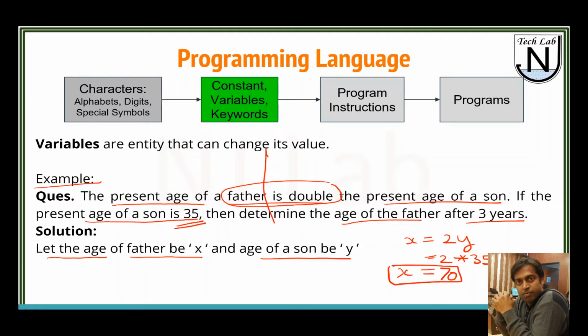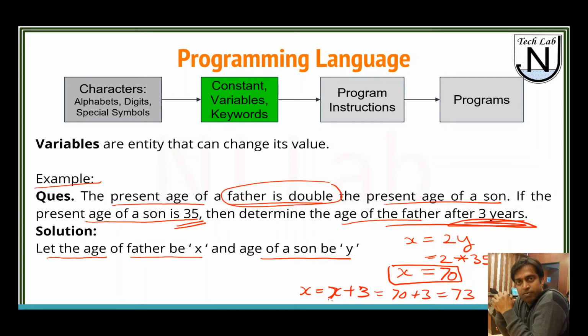Now, as per the question, we need to determine the age of the father after 3 years, right? So after 3 years, to get the age, we will do x plus 3, and the value of x, since it is 70, we add 3 to it, we get 73.